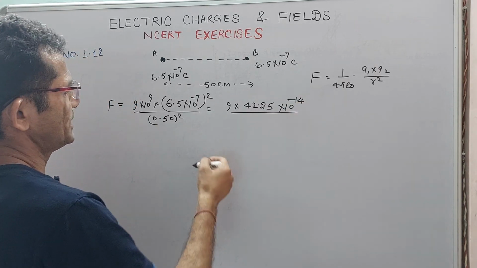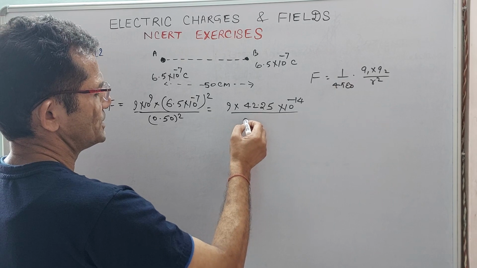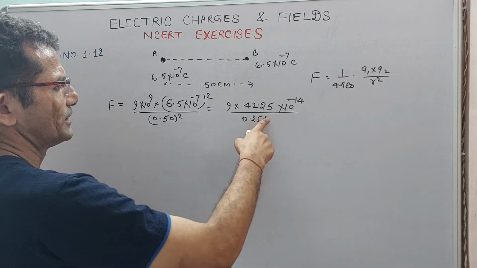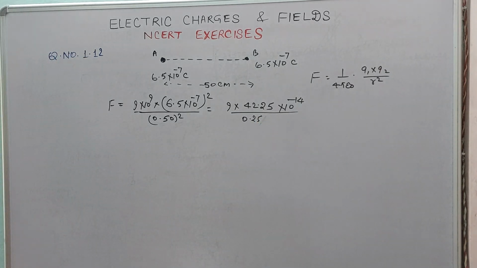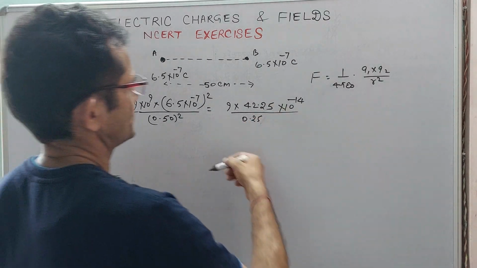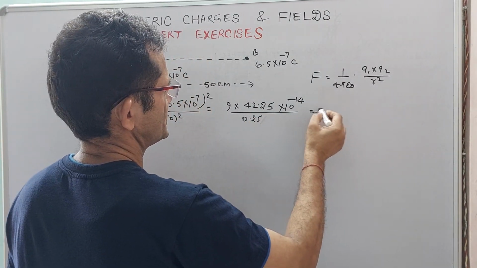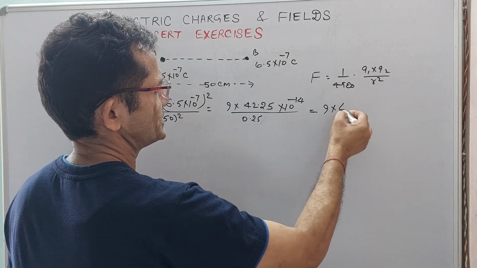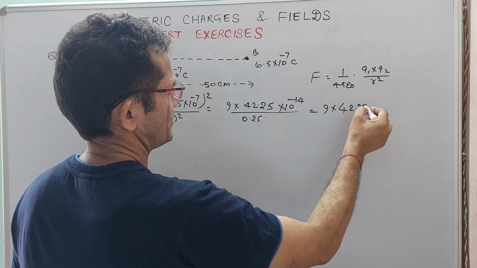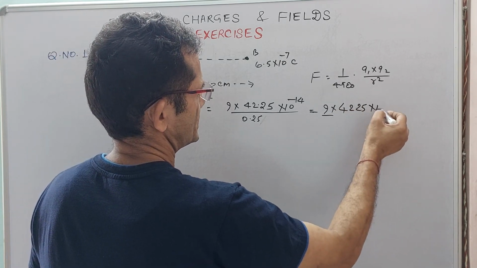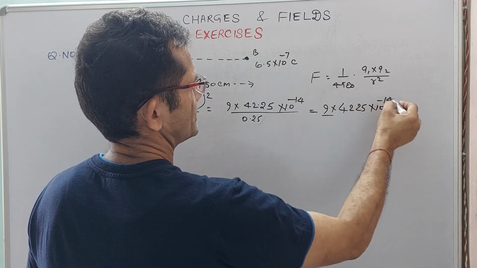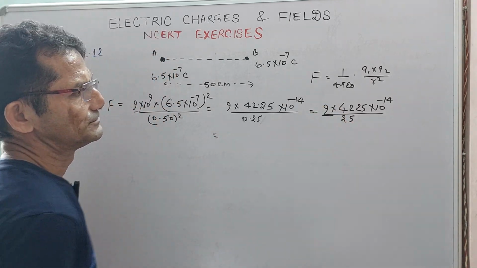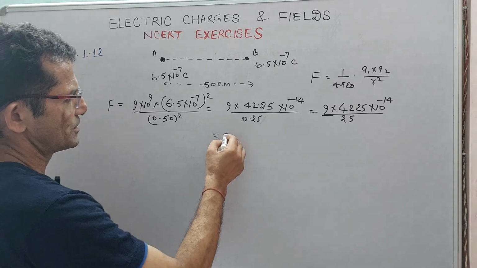In the denominator we have the square of 0.5, which is 0.25. So removing the decimals from the numerator and denominator, it comes out 9 into 42.25 into 10 raised to the power minus 14 divided by 25. Now if you solve this, divide 42 by 25.